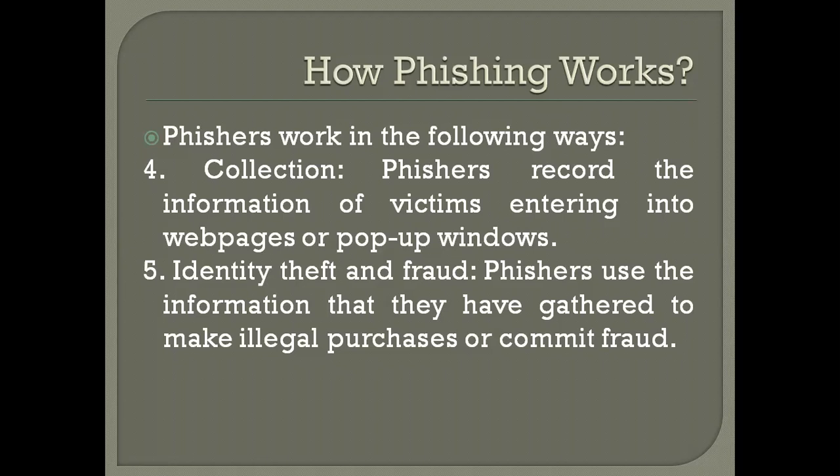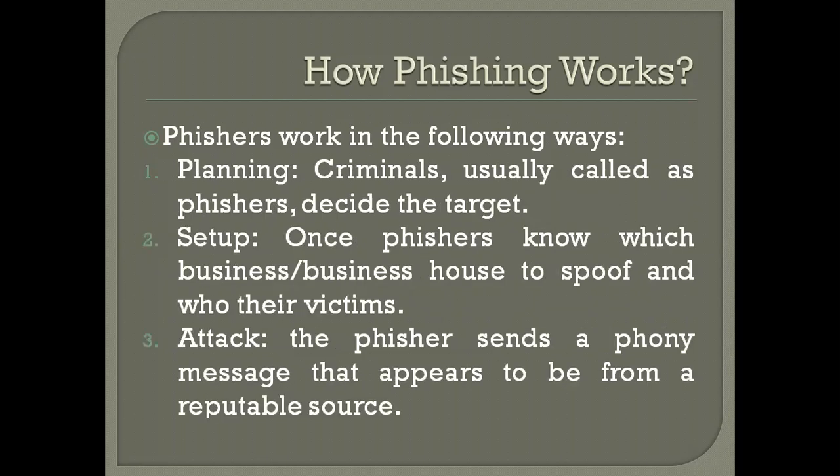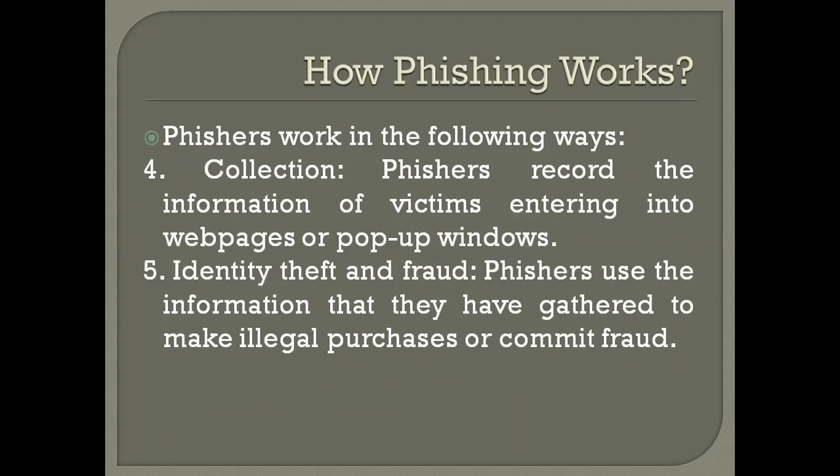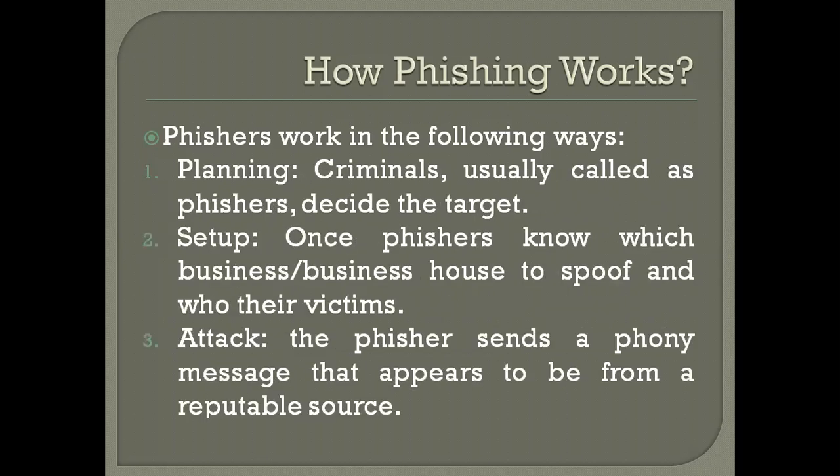How does phishing work? The first one is they plan and set up, attack, collect, and then identity theft and fraud. So phishing is simply sending an electronic mail to get personal information, financial information, or to steal IDs. They plan and set up the fishers, choosing which business or victim.